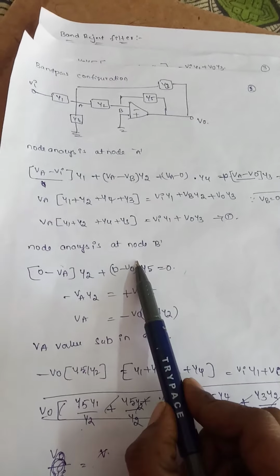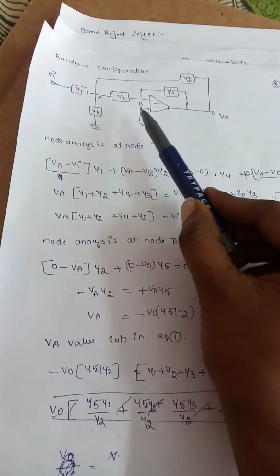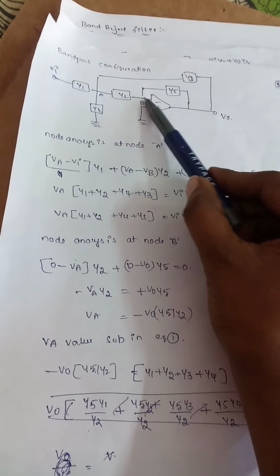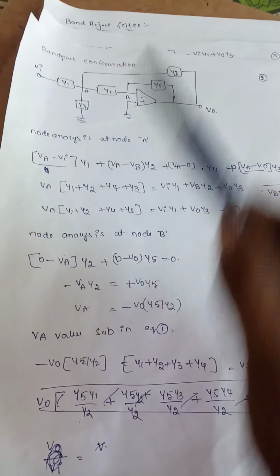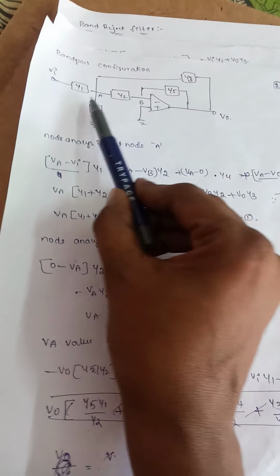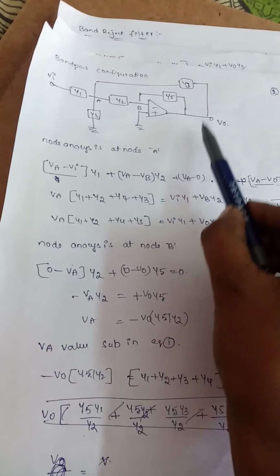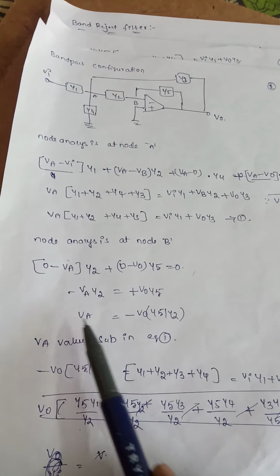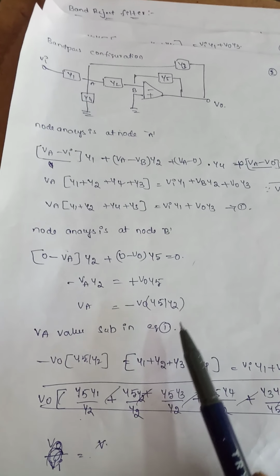Similarly, apply nodal analysis at node B. Here VB is equal to 0 because these two are connected in a virtual ground connection. So 0 minus VA into Y2 plus 0 minus V0 into Y5. From that, VA is equal to minus V0 into Y5 by Y2.